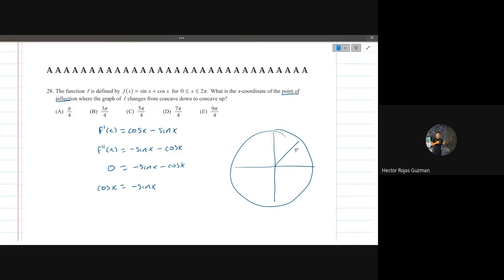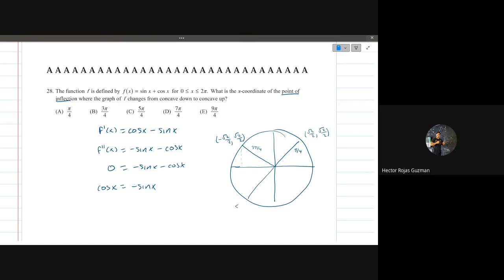At pi over 4, cosine is the square root of 2 over 2, and so is sine. At 3 pi over 4, I mean, look at the x-coordinate, right? We're going to the left, so it's negative. Sine is positive because you're still going up.